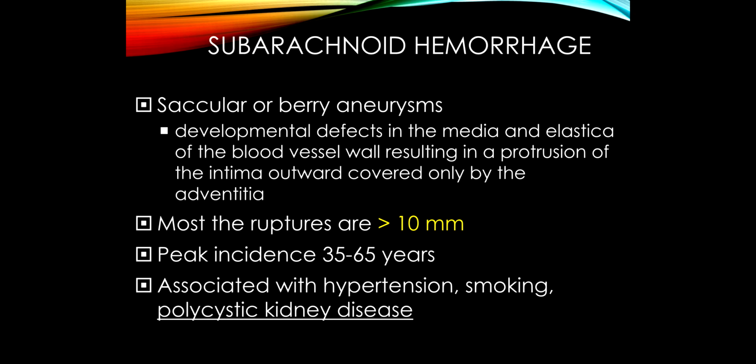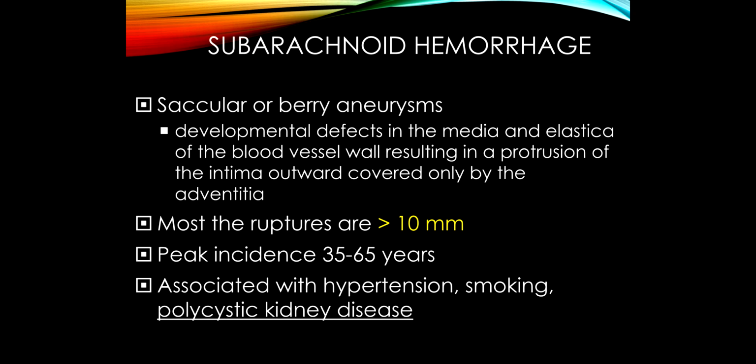Now, subarachnoid hemorrhage are due to these aneurysms that are called saccular or berry aneurysms. And basically, these are developmental defects in the media and elastic of the blood vessel so that the intima protrudes outward. And this is something that usually happens slowly over time, and oftentimes they're found incidentally.